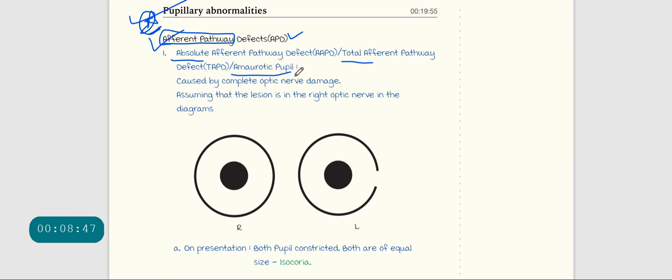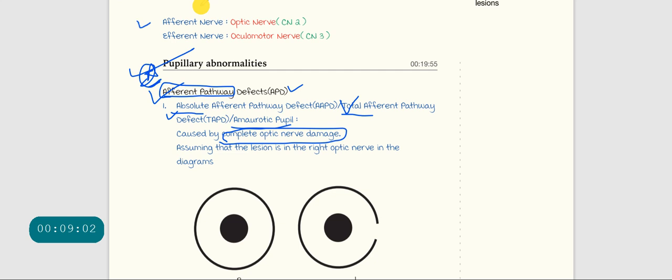Now the name itself tells us, absolute or total afferent pathway defect is nothing but the complete optic nerve is damaged, because as we discussed, the optic nerve is the afferent nerve.